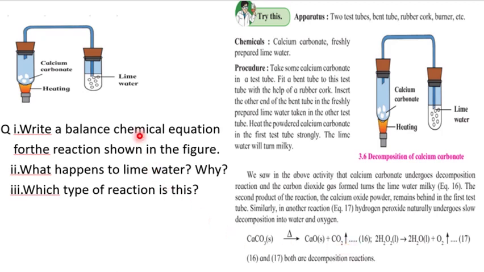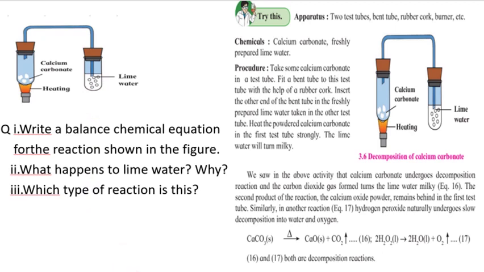When this carbon dioxide is passed through freshly prepared lime water, that is calcium hydroxide, due to the chemical reaction the white precipitate of calcium carbonate is formed, and due to this the lime water turns milky.